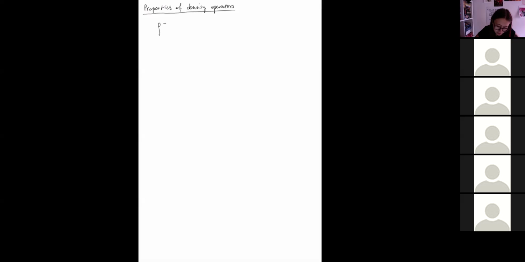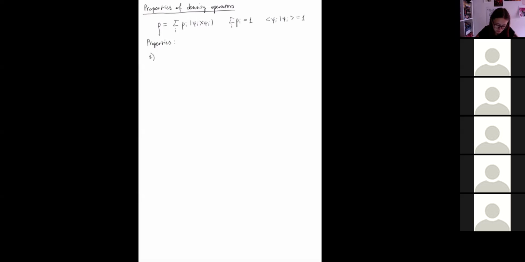Again, the object that we're looking at is rho, the sum over i of p_i |psi_i><psi_i|, such that the sum over i of p_i equals 1, and all the states are normalized. I claim, and I'll show them one by one, that this operator has the following properties.